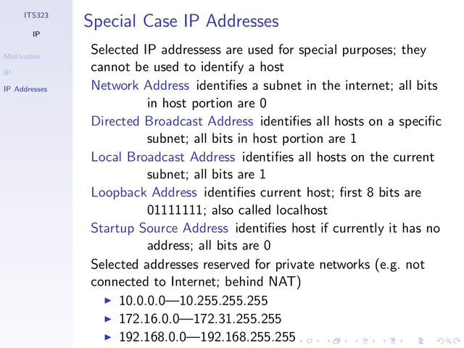This is useful if, for example, this device doesn't know its IP address yet. You turn on your computer and you don't have an IP address. You just turn on the computer for the first time ever, and you want to find an IP address. You want someone to give you an IP address. This could be used.